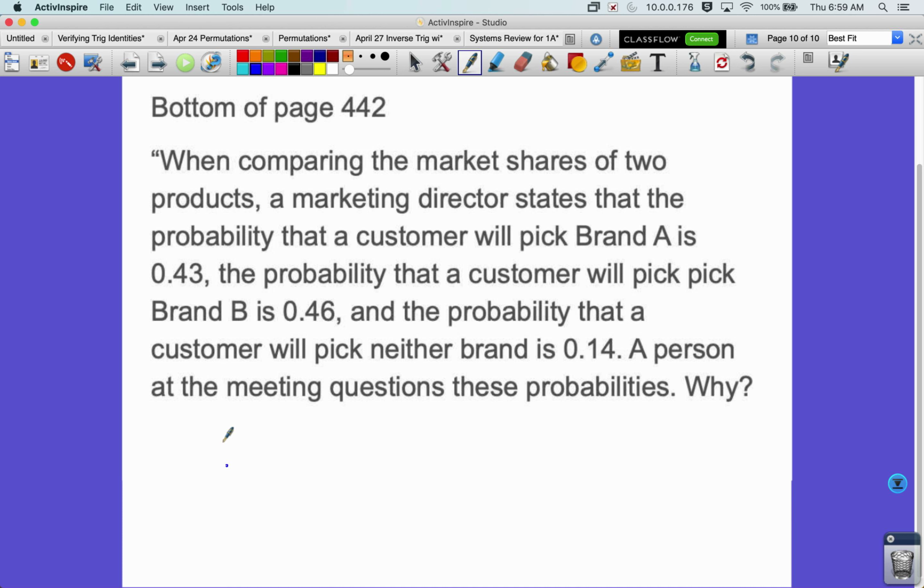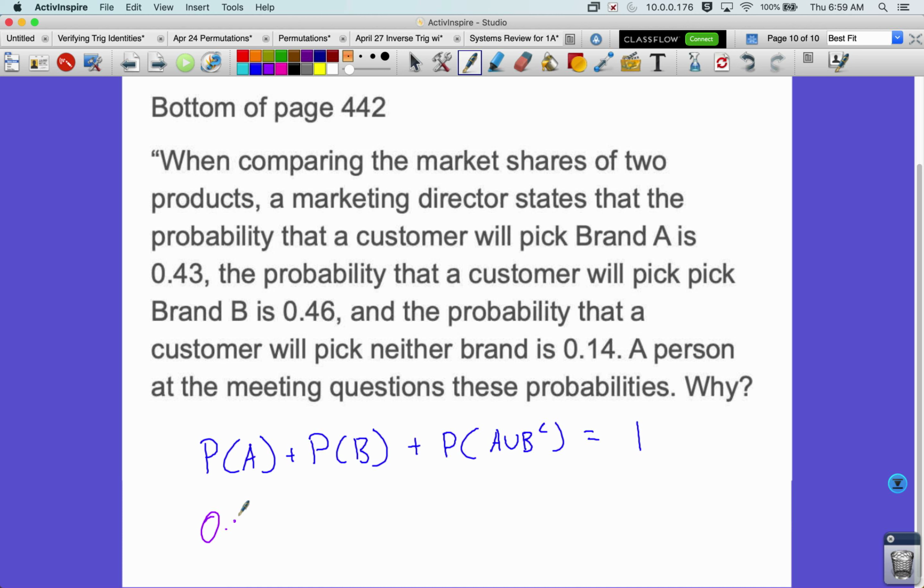So again, something has to happen here. We either have to pick brand A, brand B, or neither. And so these probabilities should add up. So the probability of A plus the probability of B plus the probability of the complement of the union of A and B should equal 1.